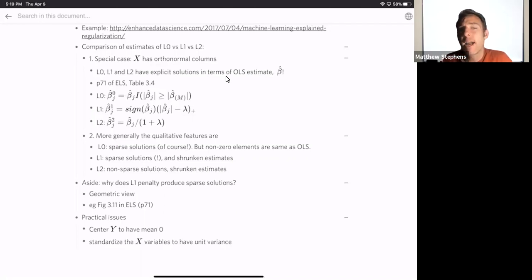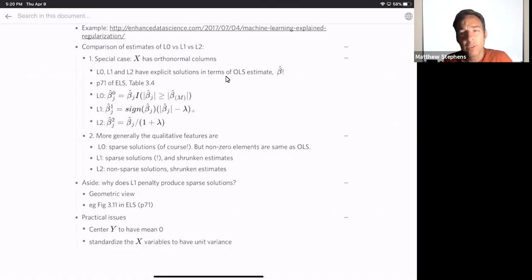So essentially the L0 penalty simply thresholds the ordinary least squares estimates. All the ones that are bigger than some threshold you keep, and all the ones that are smaller than some threshold you throw out, you set them to 0. So that's the form of the L0 solution in that special case where X has orthonormal columns.